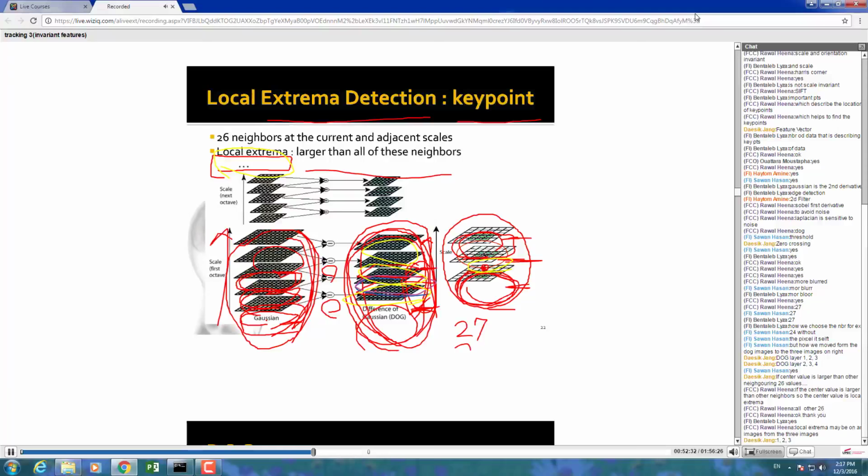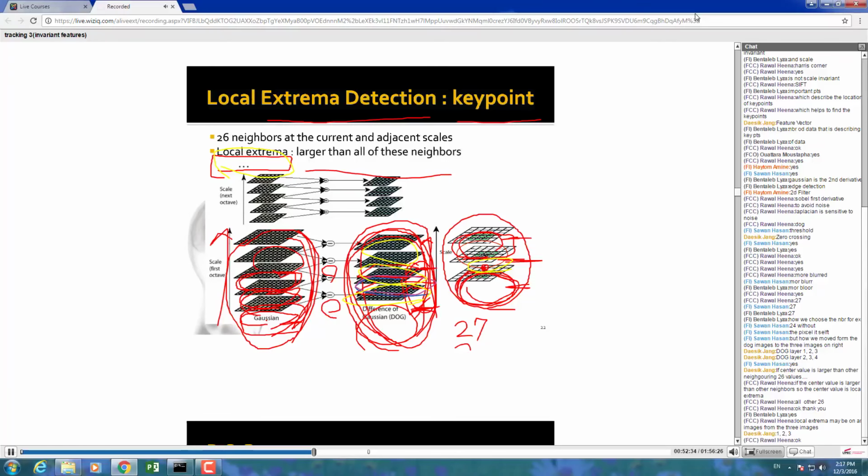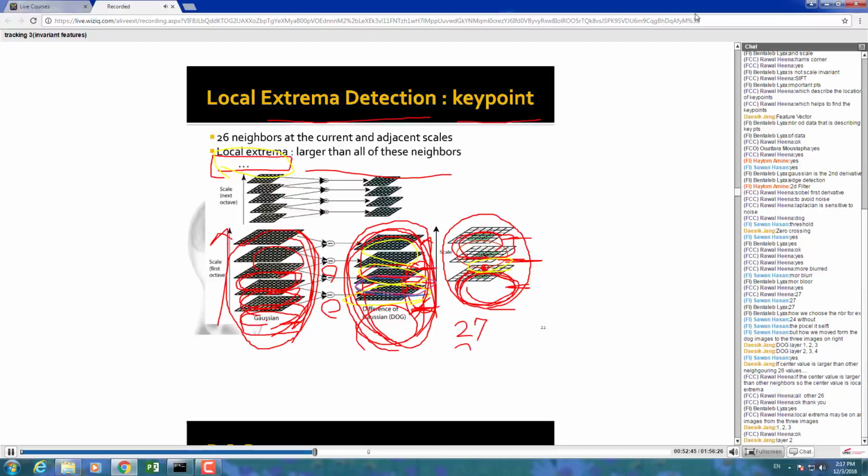Once we have collected local extrema from layers 1, 2, 3, in this case it is based on layer 2. So based on layer 2, we scan all the pixels and we compare with layer 1 and layer 3.